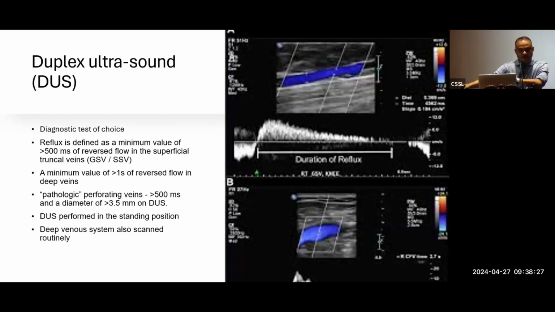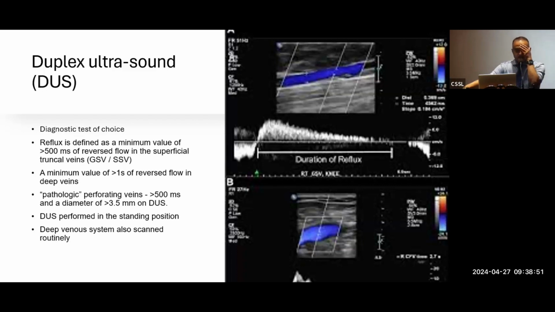So the trunk, the great saphenous vein, commonly called the long saphenous vein, or the short saphenous vein, those are the two trunks. And if you can demonstrate more than 500 milliseconds, that is more than half a second of definitive reflux, as seen in this image above, that's considered significant reflux.